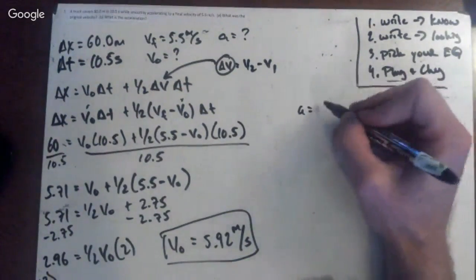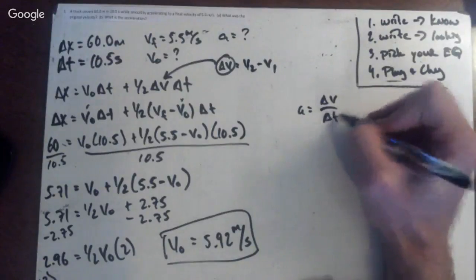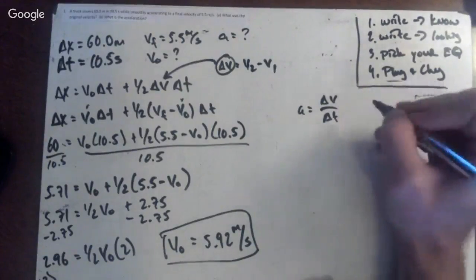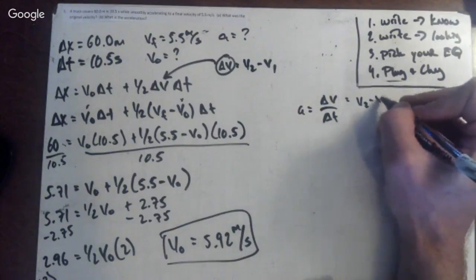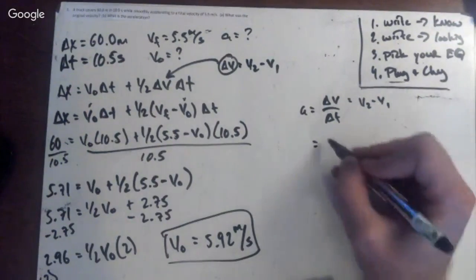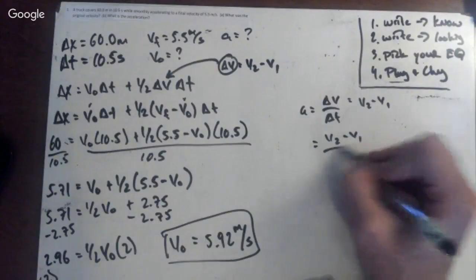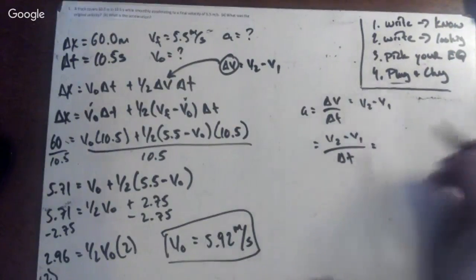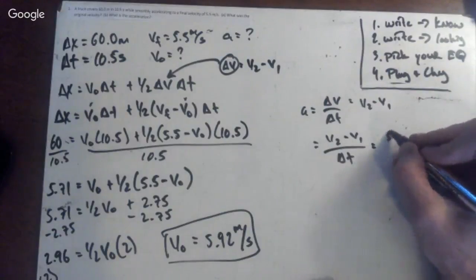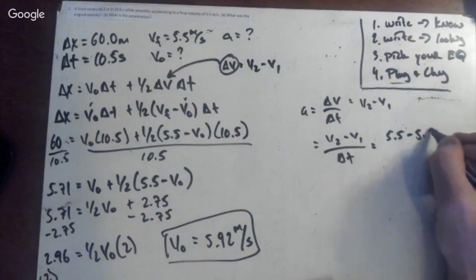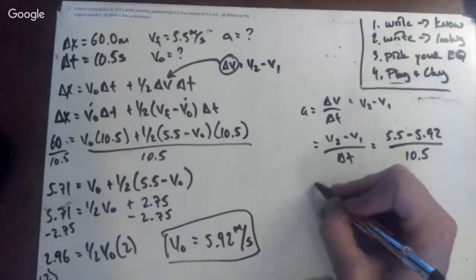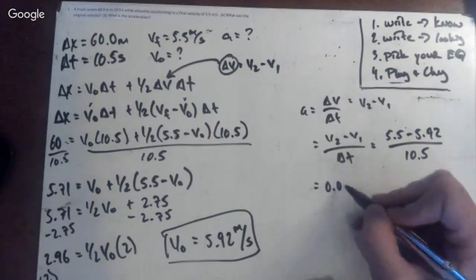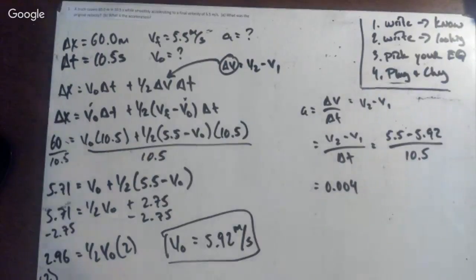Now, if we apply our acceleration equation, delta v over delta t, and our delta v definition of v2 minus v1, by plugging it in, we have 5.5 minus 5.92 divided by 10.5 seconds, which actually ends up being, let's see, I might have done that one wrong.